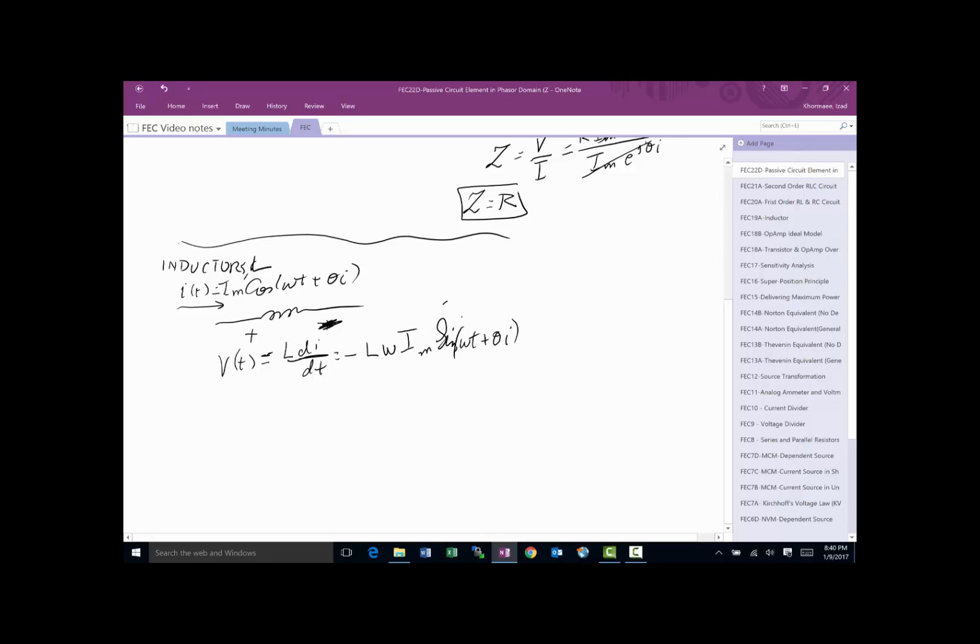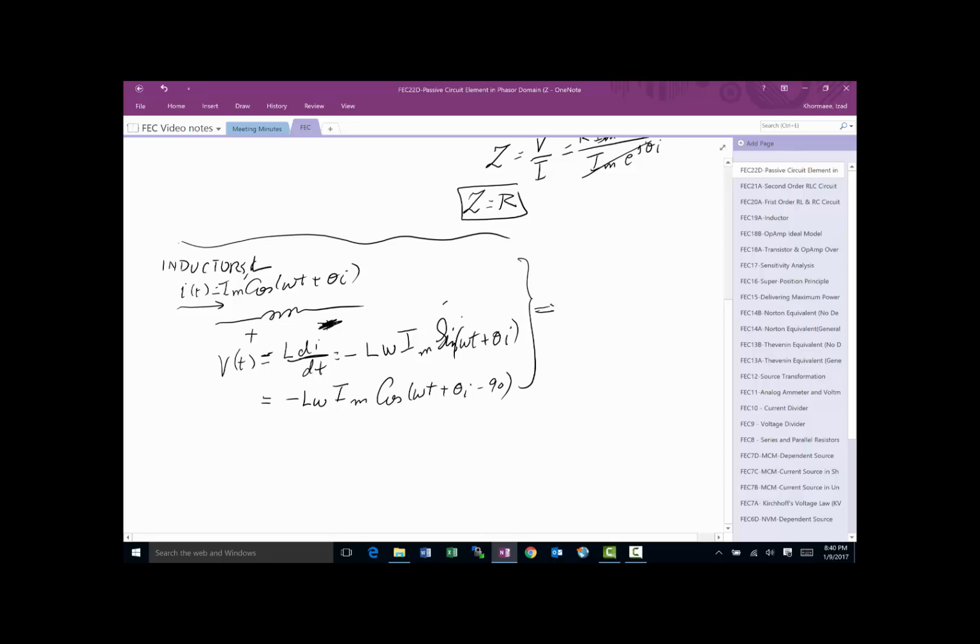Taking sine to a cosine, you have to subtract 90 from it. So V of t is actually minus L omega Im cosine of omega t plus theta I minus 90. Great.